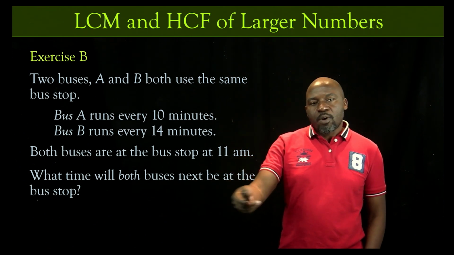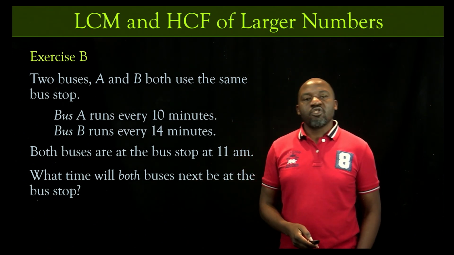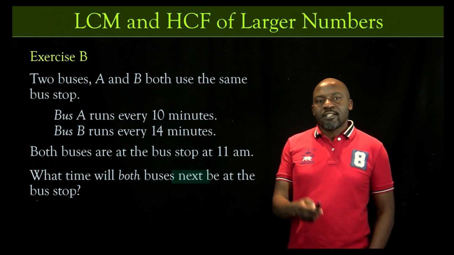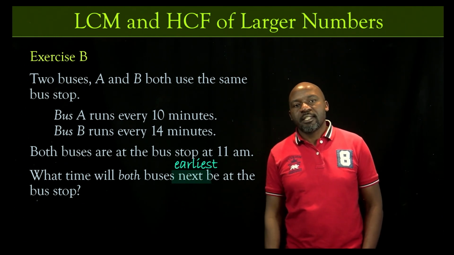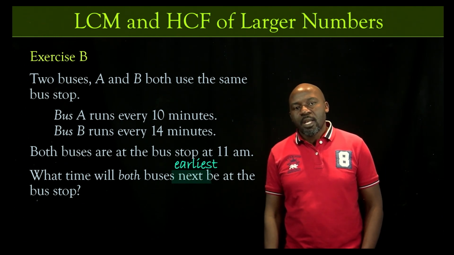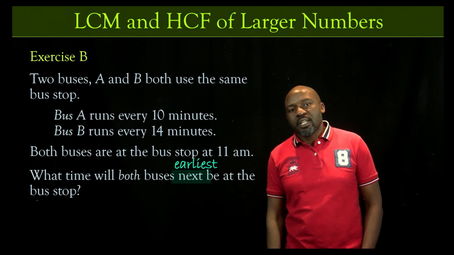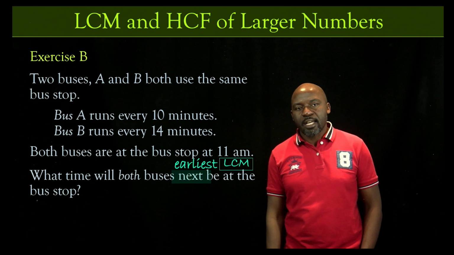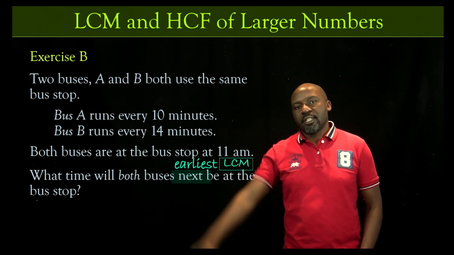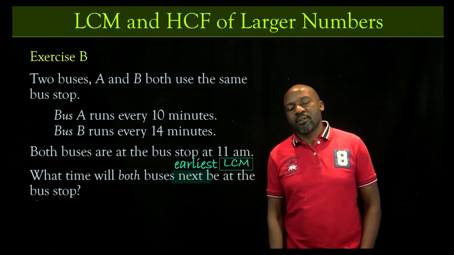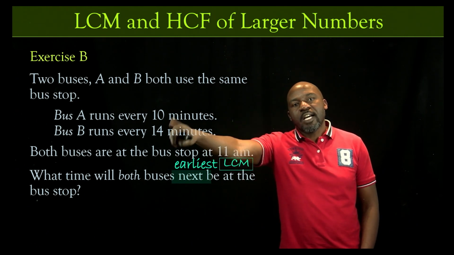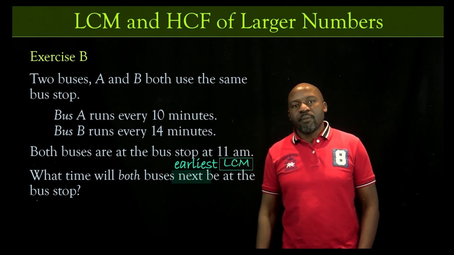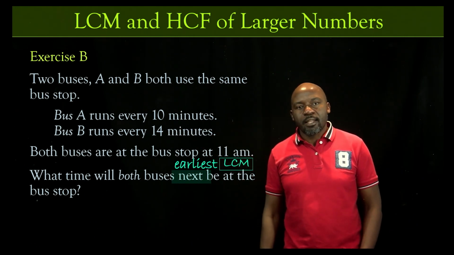The word next there, the connotation is that it's the earliest time the bus will come in again. And when we are talking of earliest, we are talking the least, which again means we are talking LCM. So in fact, this question is just asking us to find the LCM, the least common multiple time at which the buses will be here again together.